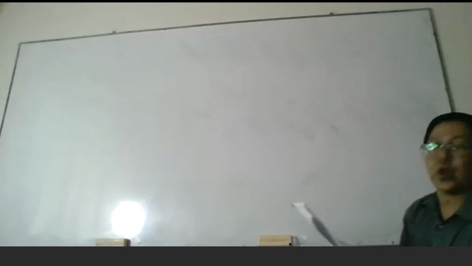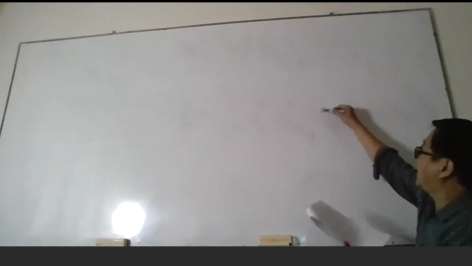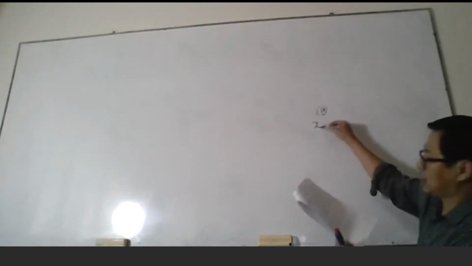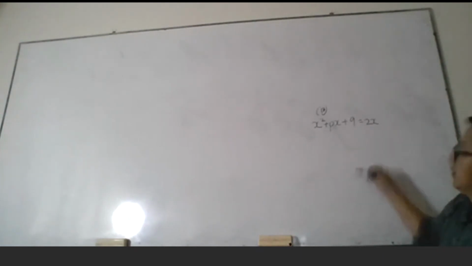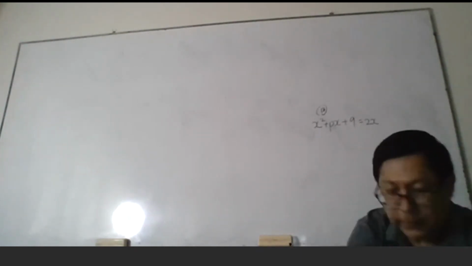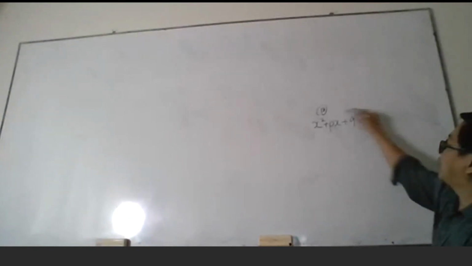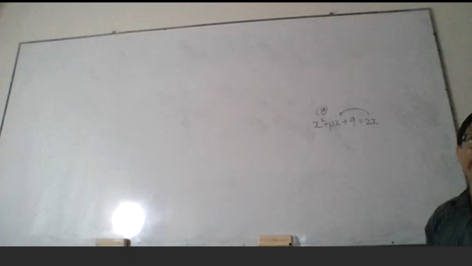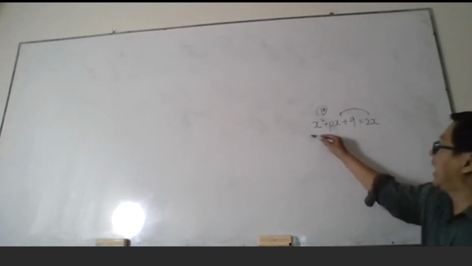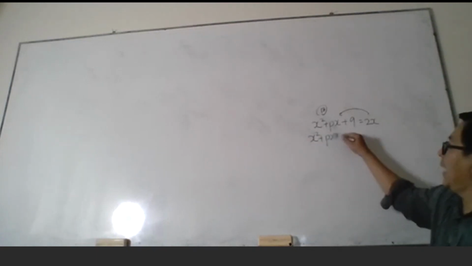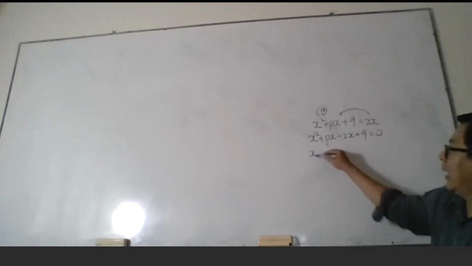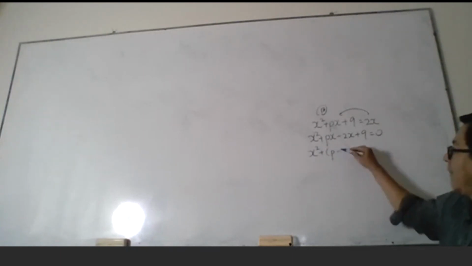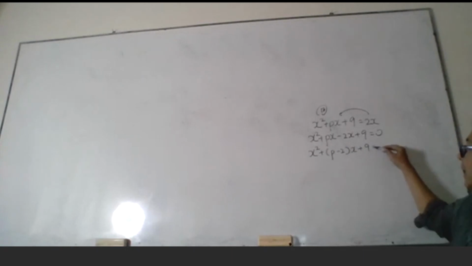Okay, please look at your question number 18. x squared plus px plus 9 equal to 2x. First of all, I will shift 2x from the right hand side to the left hand side. x squared plus px minus 2x plus 9 equal to 0, so x squared plus (p minus 2)x plus 9.